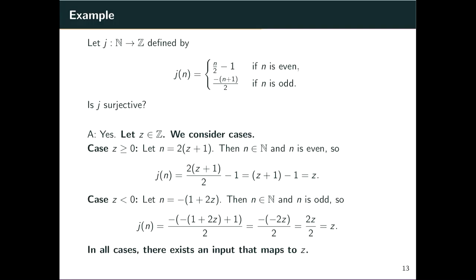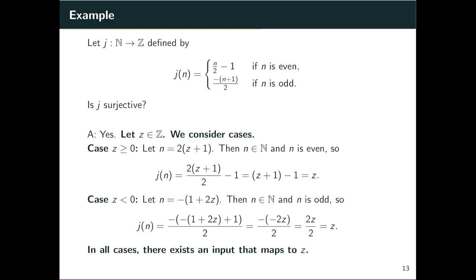We're going to let a number n equal 2z plus 1. Then, since n is in the natural numbers and n is even, that means when we substitute n into our function j, then we're going to substitute it into this component here. So we substitute 2z plus 1, simplify, and we get z. So that's straightforward.